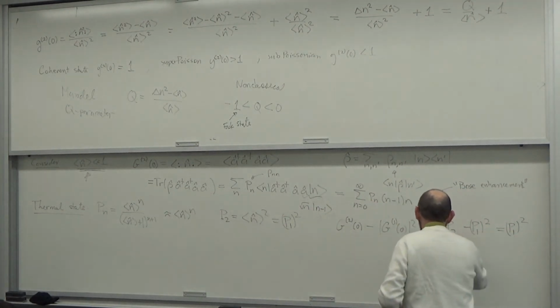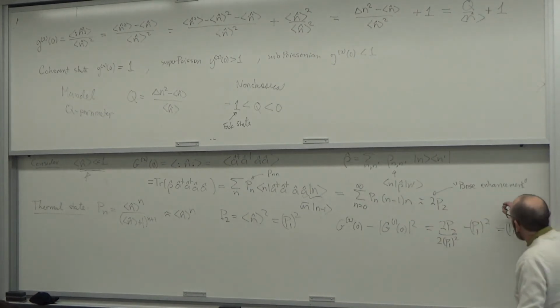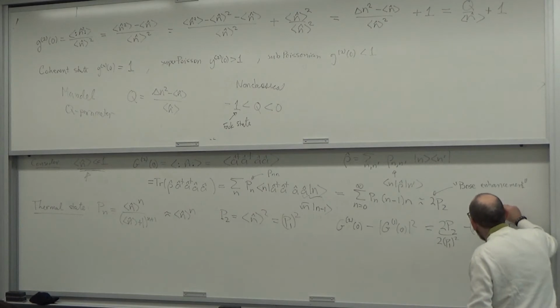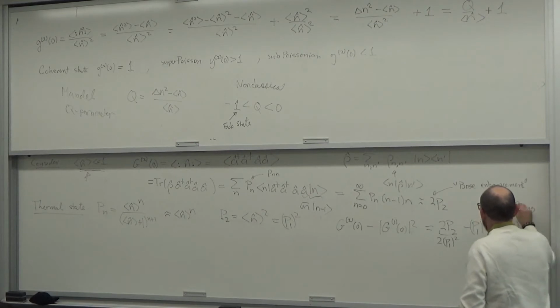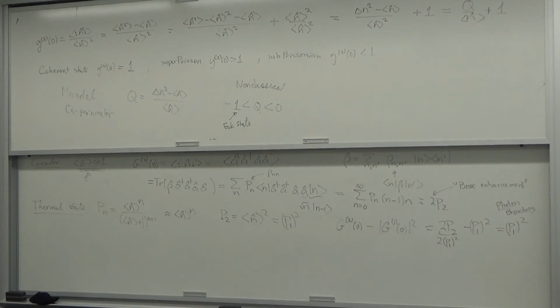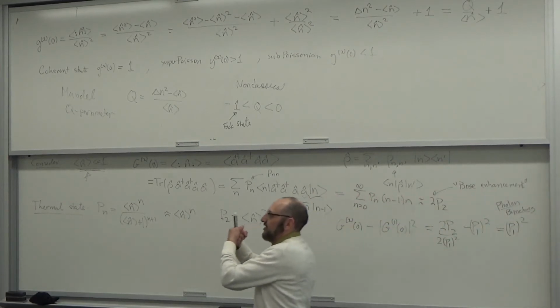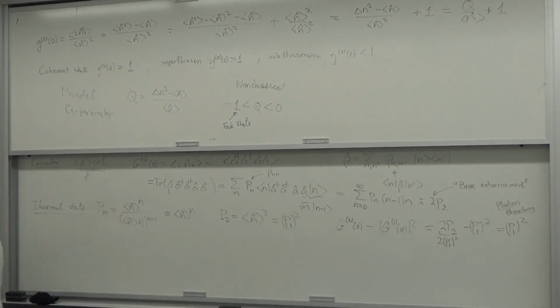This is equal to twice p1 squared. This is what we sometimes call photon bunching. There's more propensity to detect two photons in the mode for a thermal state than if they were statistically independent.